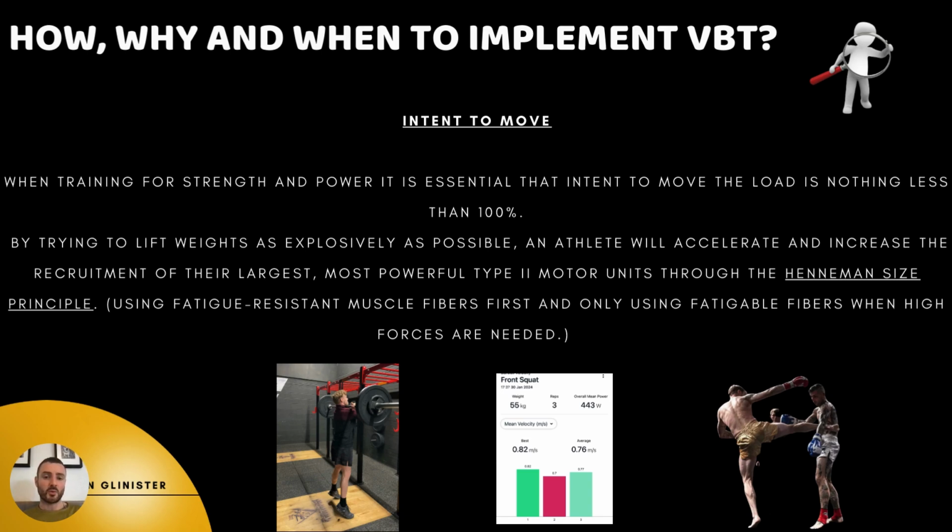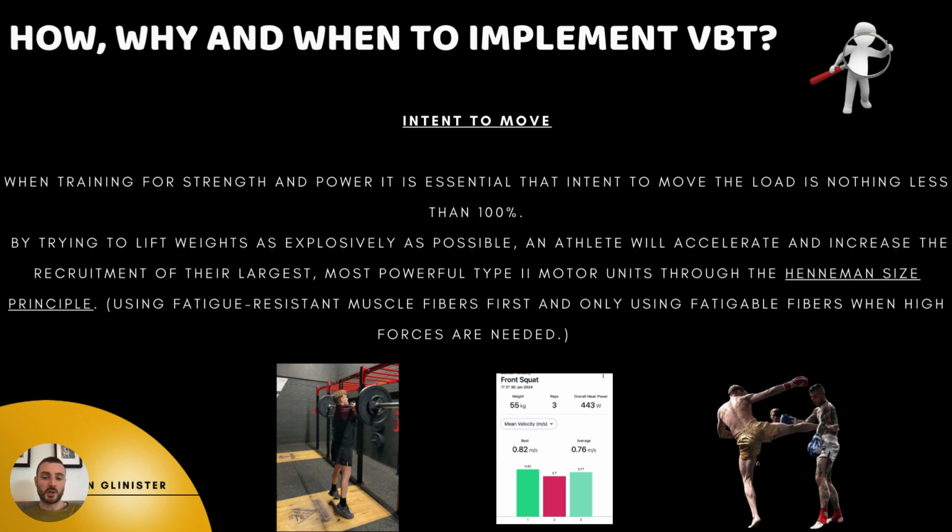Velocity-based training. Well, the Henneman size principle, believe it or not, can be accelerated, or we can even increase the recruitment of the largest motor units by training as explosively as possible. So you can train your body to recruit those muscle fibers or motor units as quickly as possible by training more explosive models of movement.